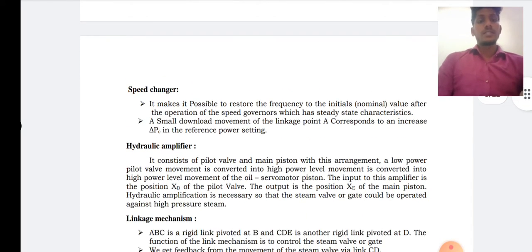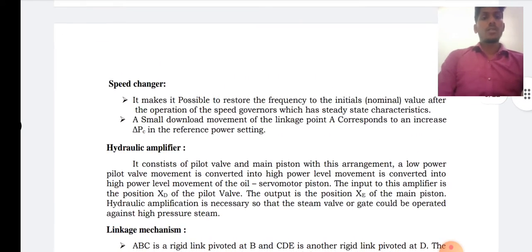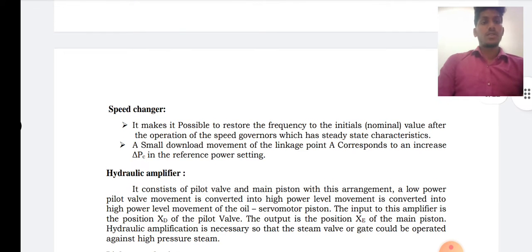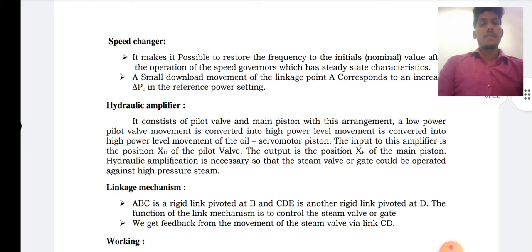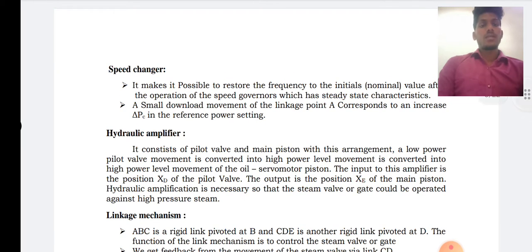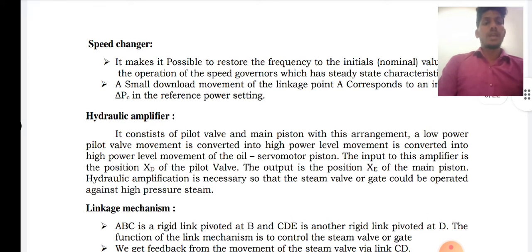The speed changer makes it possible to restore the frequency. Steady state characteristics of the speed governor: a small downward movement of the linkage point corresponds to an increase in the response power setting. The hydraulic amplifier consists of the pilot valve and the main piston.